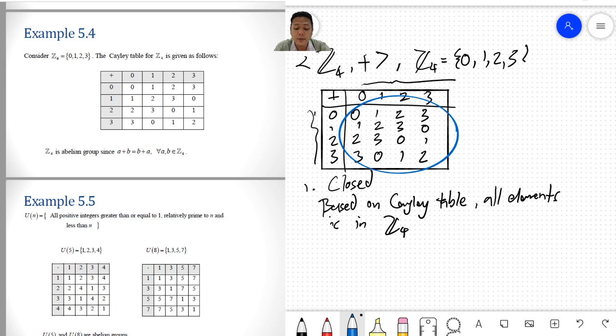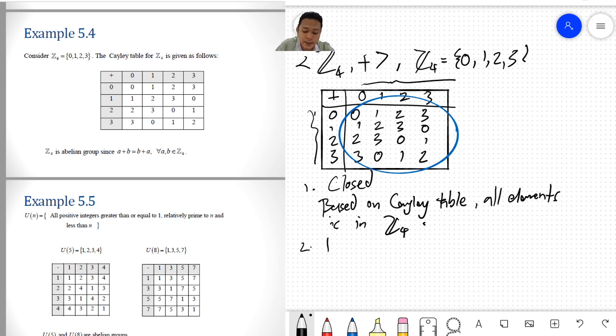You see 0 there, 1 is an element of Z4, 2 and also 3. So it's sufficient to mention only this statement. However, please be concerned that your Cayley table must be correct. If your Cayley table is wrong, then what you wrote here does not follow through.